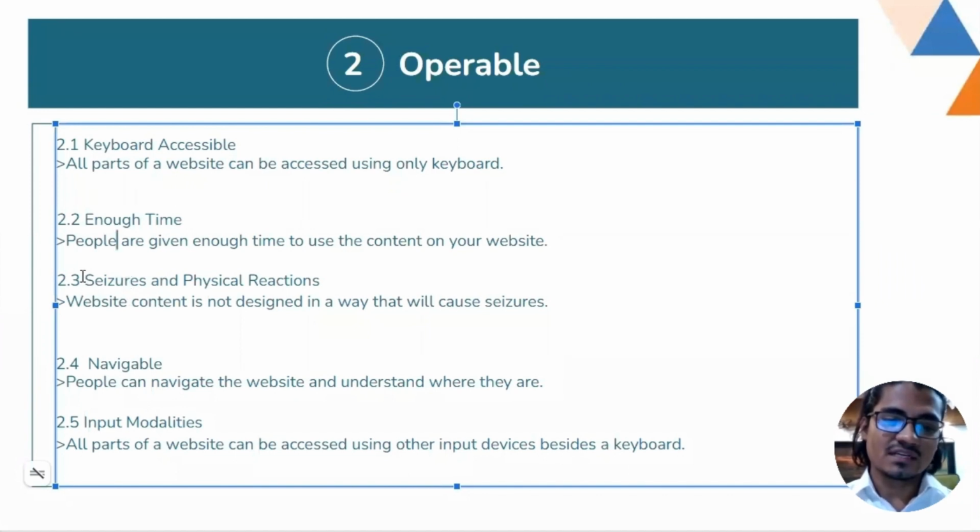So our third rule for operable is seizures and physical reactions. You have to design your website in a way that does not cause any seizures. How do seizures happen? In Japan, there was a very popular animated cartoon, Pokemon.